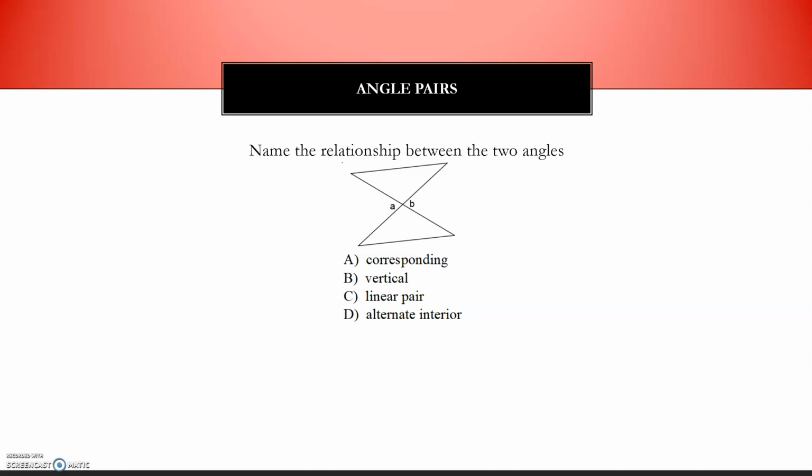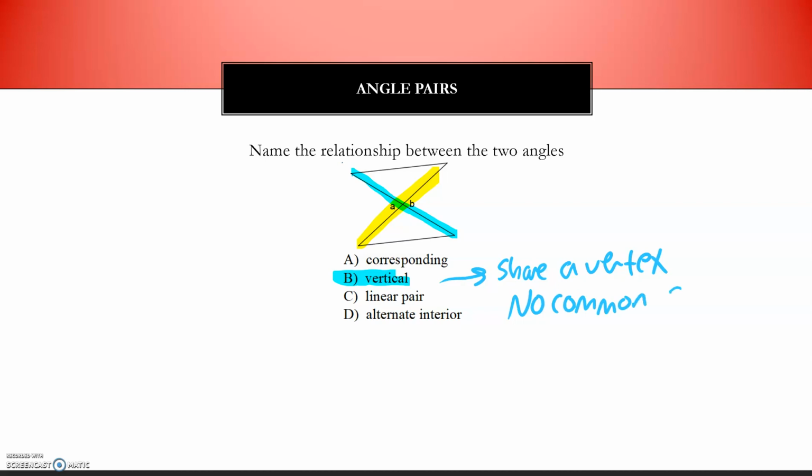This one is a little bit different. This one is vertical. Vertical angles, there's not exactly a good way to describe them other than to say they share a vertex but no common side.